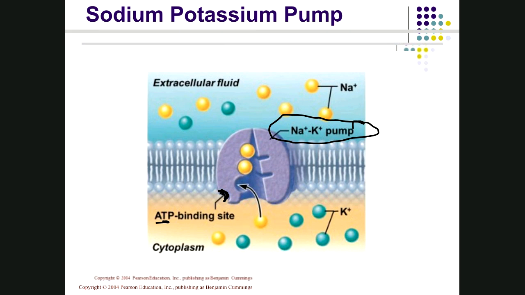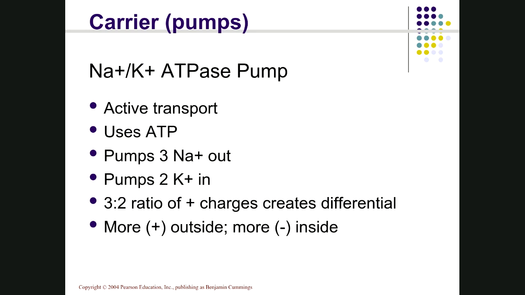We can split it and we can get energy out of it. And we can use that energy to push sodium and potassium. But it doesn't push them in the same direction. The sodium-potassium pump pumps sodium out of the cell, and it pumps potassium into the cell.